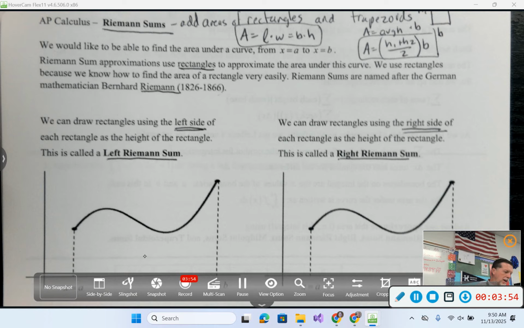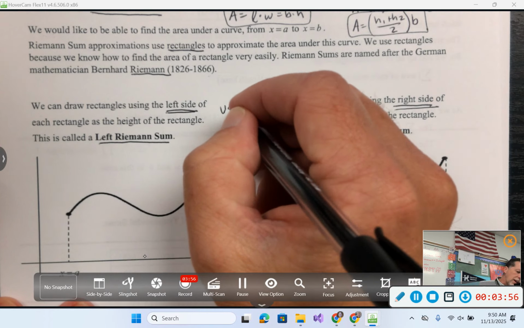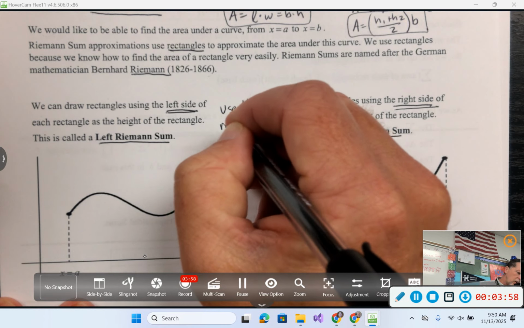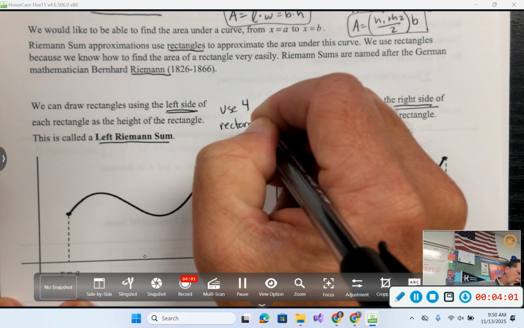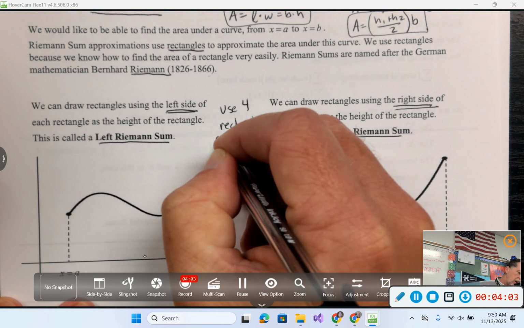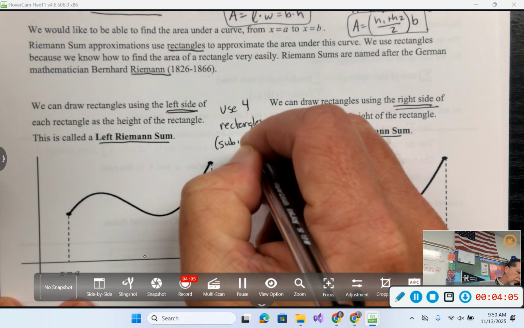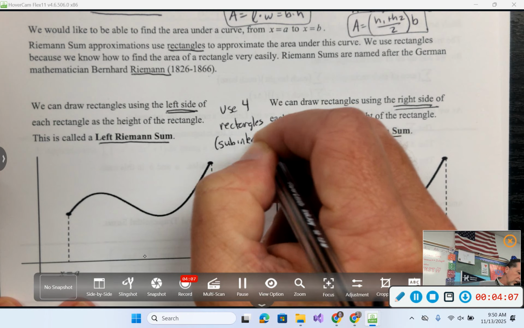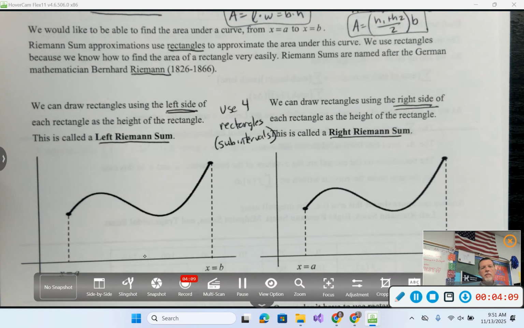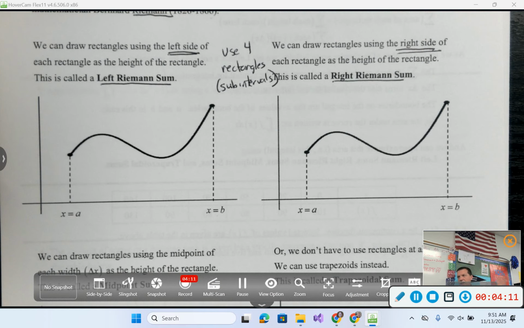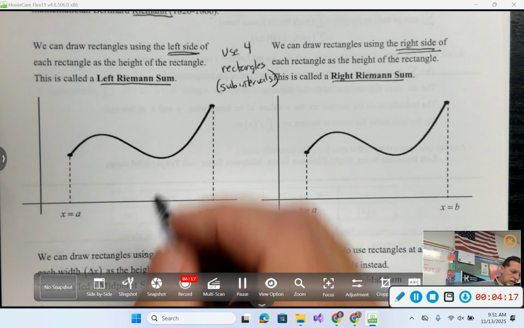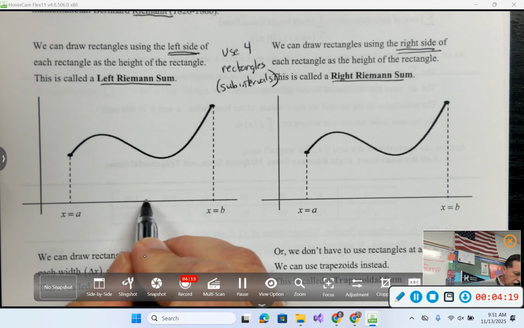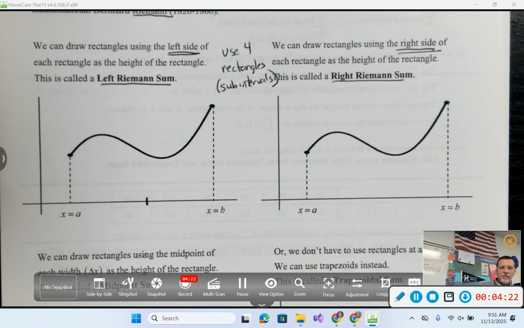So let's use 4 rectangles on each of these. And the fancy word for that we'll start using is subintervals. Right, our interval is A to B. That's the interval we're looking at. But we're going to divide it up into 4 subintervals, aka just 4 rectangles. So probably the easiest way is to cut it in half.